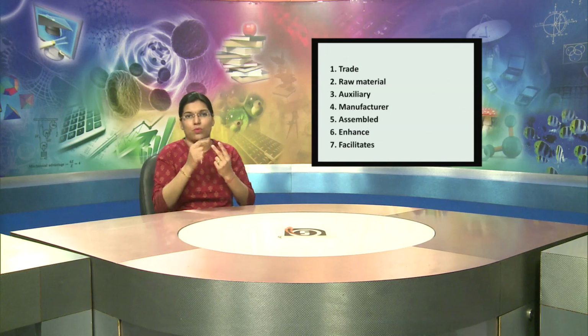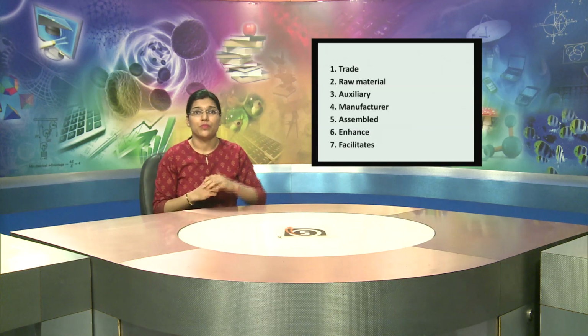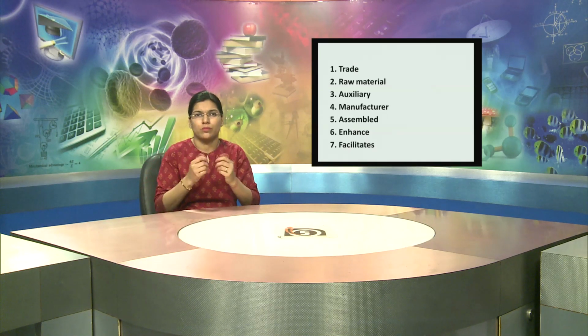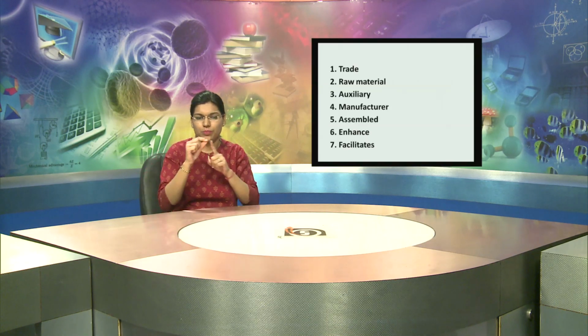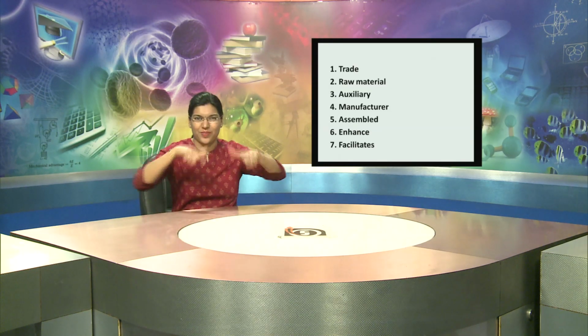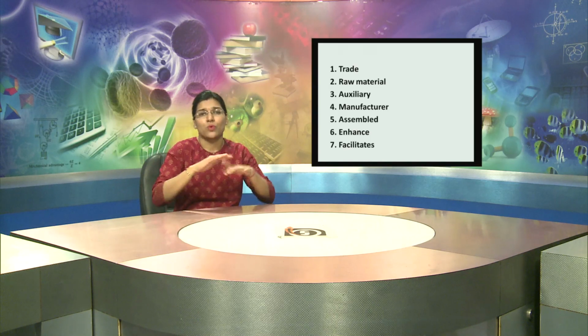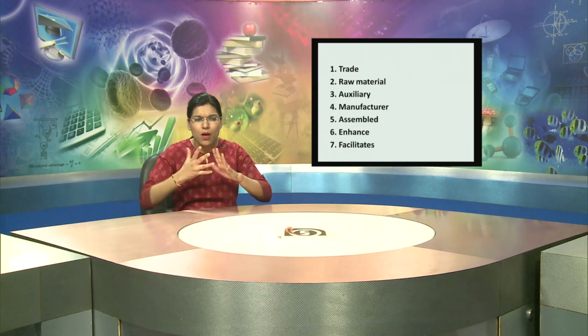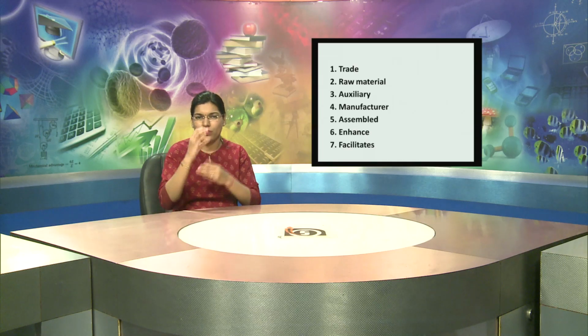Second word is raw material. The basic things which are required before the finished goods are raw material. For example, paper is the finished good and the raw material is tree.